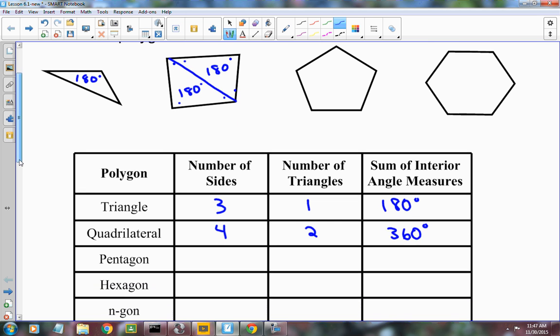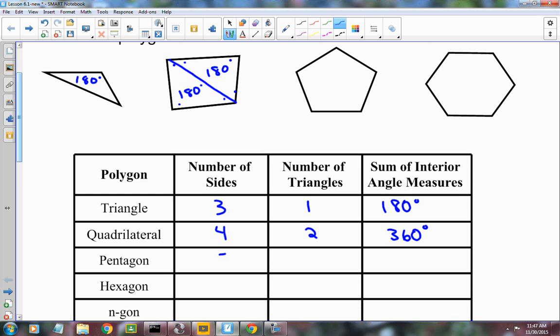Your pentagon has 5 sides. And so if I draw all my diagonals from one vertex, I can draw 2 diagonals. That gives me 3 triangles. Each one of them is 180 degrees. And so that's 3 triangles.